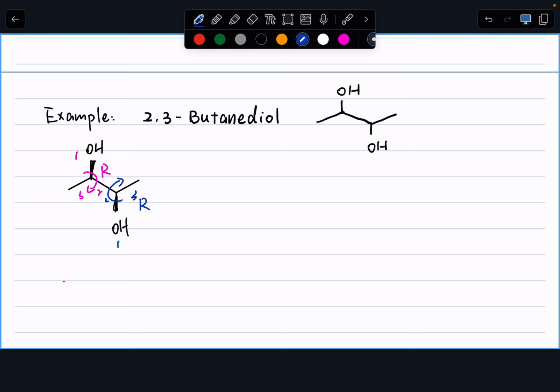Thinking about drawing all the stereoisomers of my 2,3-butanediol, we can first draw the enantiomer of this molecule. I already have one built up for you. If we have a mirror plane in between, these are enantiomers of each other.